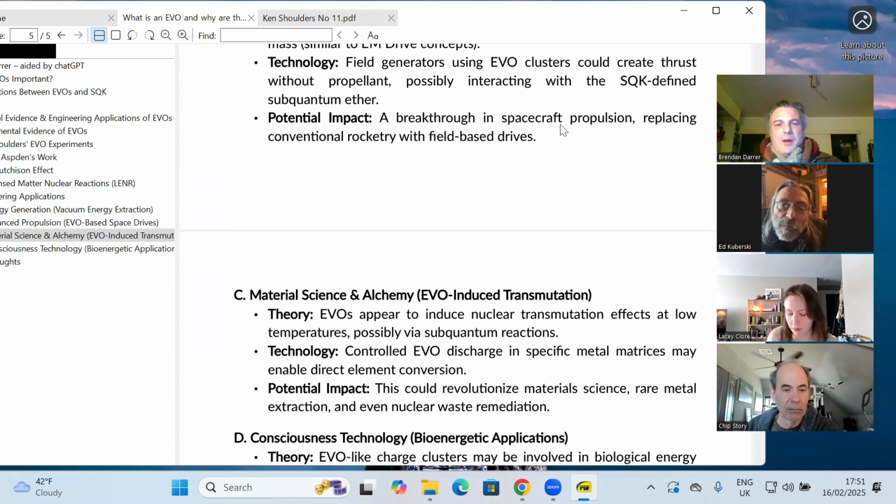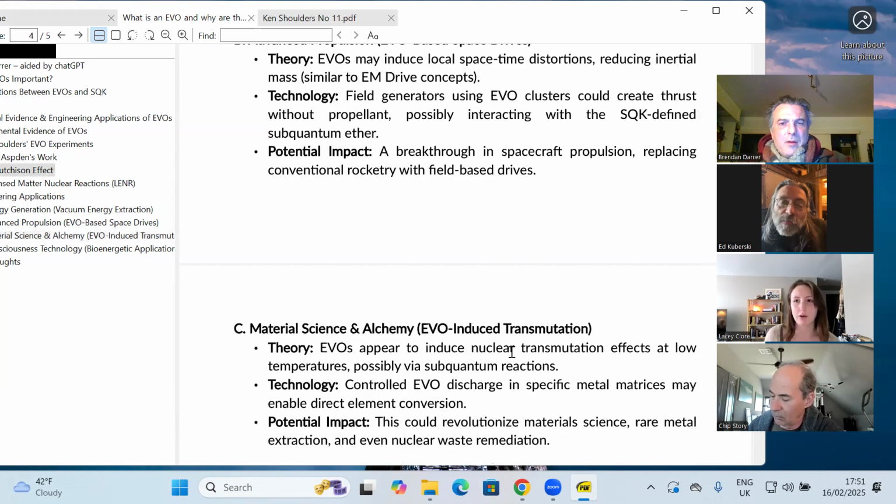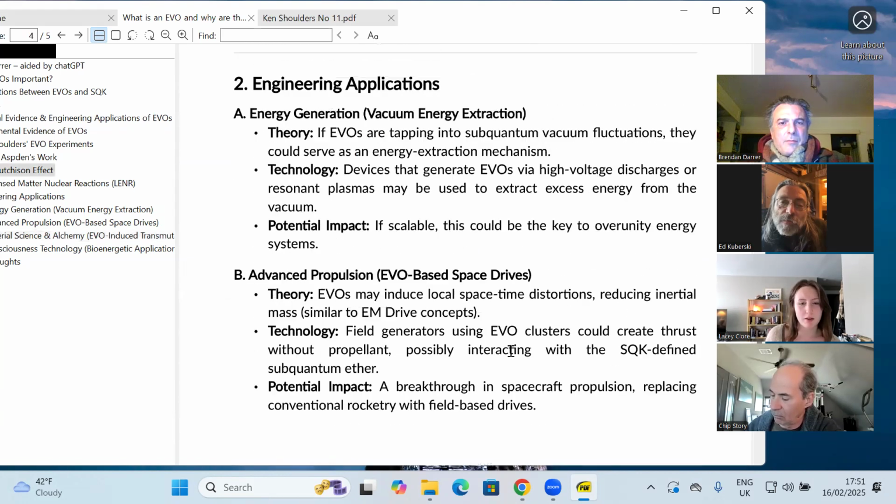I thought that resonant plasmas that may be used to extract excess energy from the vacuum was really interesting. That stuck out to me because I've always felt like our aura is a plasmic gradient for us.